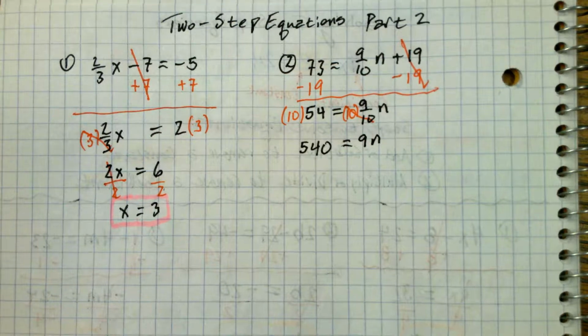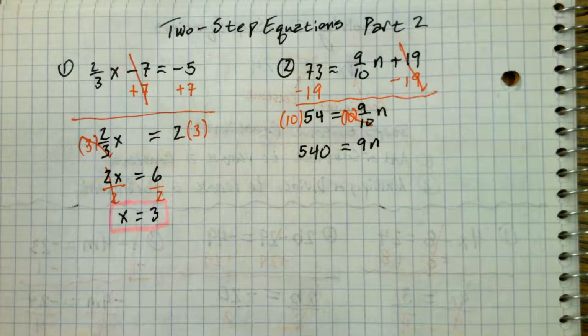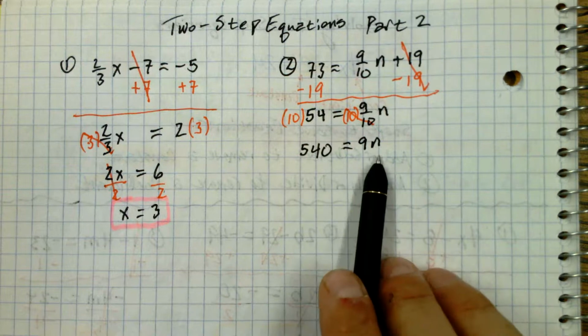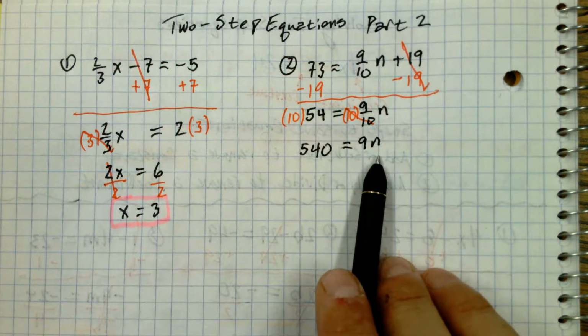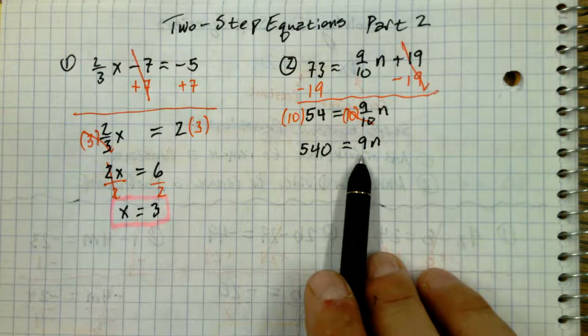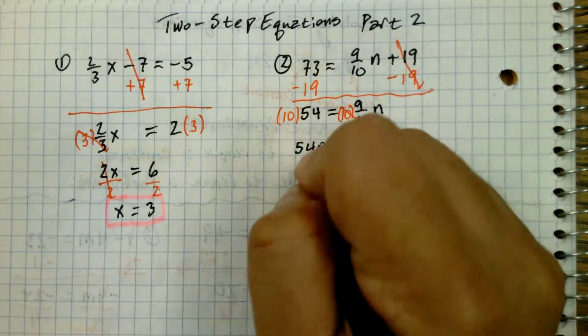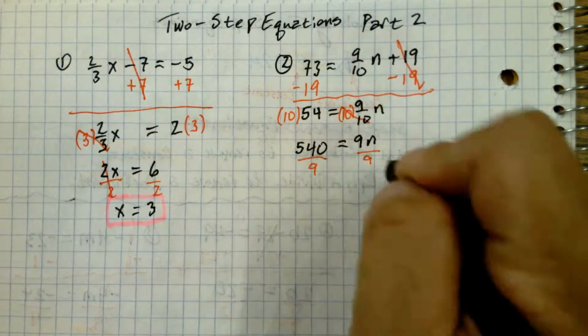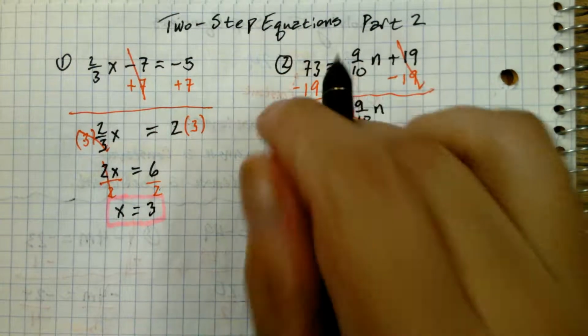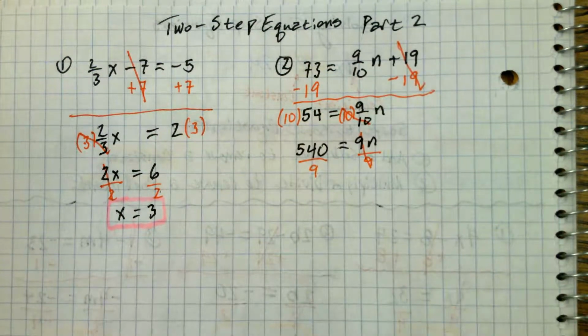Okay? Now I want to get rid of the 9. And it's being multiplied with n. So I want to do the opposite, the reverse of that. What should I do with a 9? Multiply it, divide it, add it, subtract it. Divide. And fortunately for us, 9 does go into 54, right?